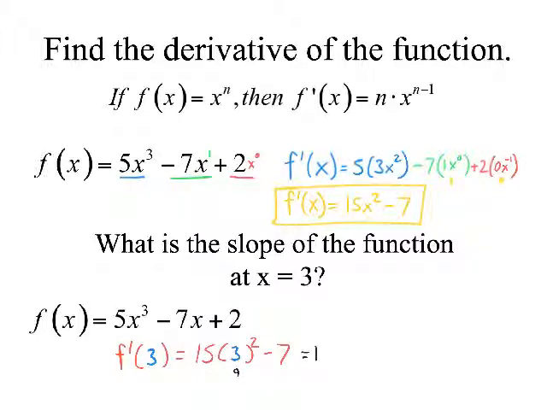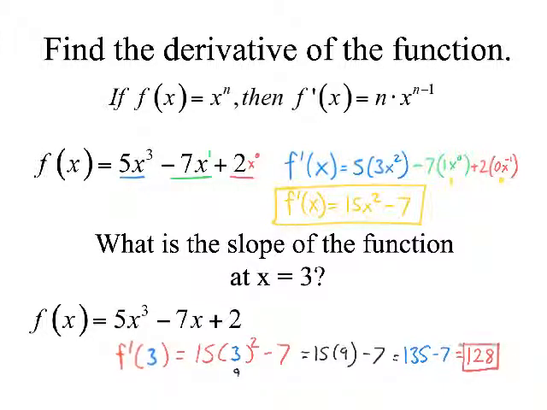So what we have here is 15 times 9 minus 7. And then 15 times 9, well, that is equal to 135, and we still have the minus 7. Okay, and 135 minus 7 is 128.